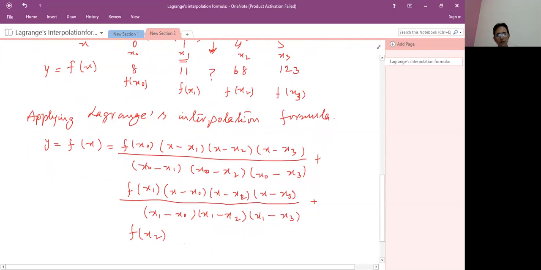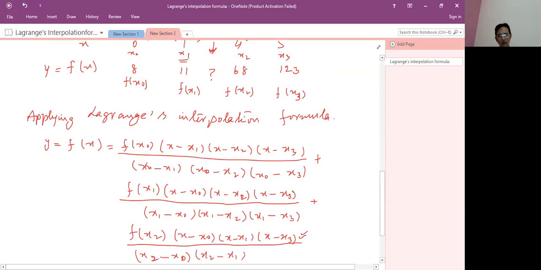When we consider f of x2, again I repeat, student, x2 we will not consider in the numerator. So start from x minus x naught, x minus x1, x minus x3. You see, student, that in the numerator we did not consider x2, but in the denominator we start with x2 minus x naught, x2 minus x1, x2 minus x3.